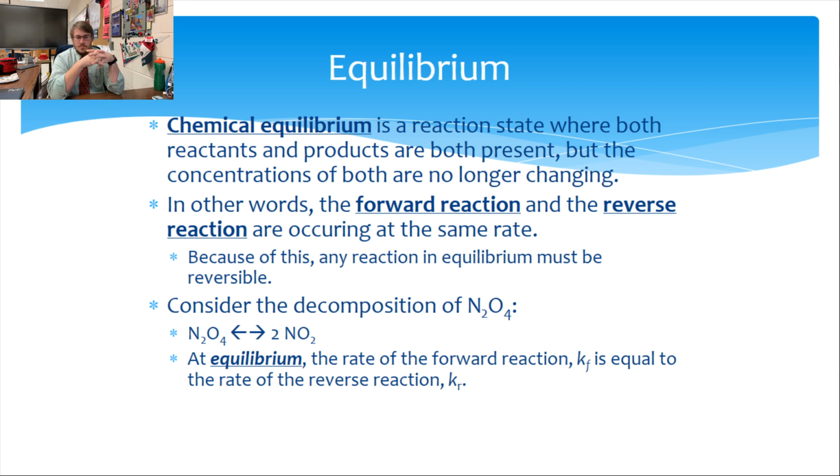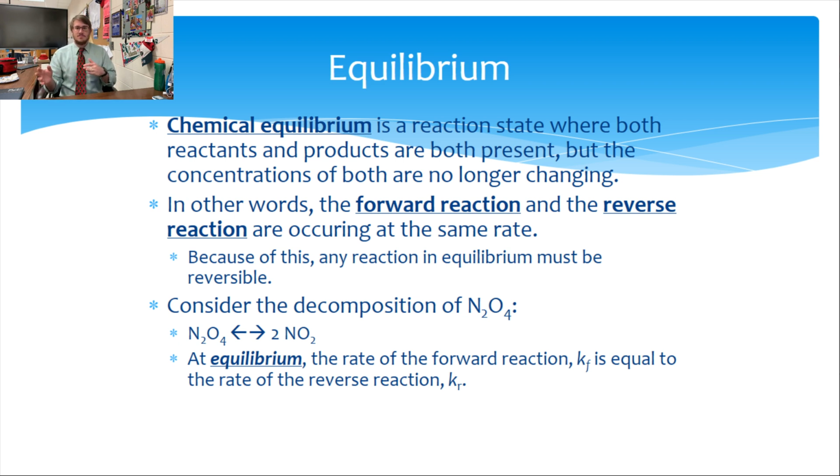Chemical equilibrium in chemistry land means that the reaction has reached an equilibrium state, meaning as much of the reaction that's going to occur has occurred, and now it's kind of at the state where the formation of products is slightly constantly changing from reactants to products, or products backwards to reactants.